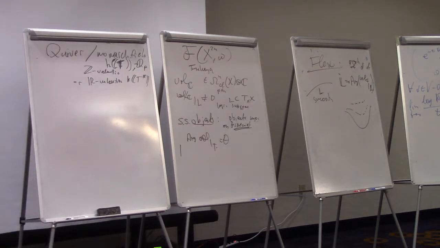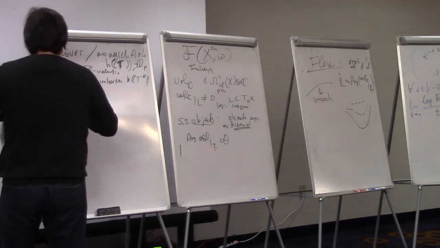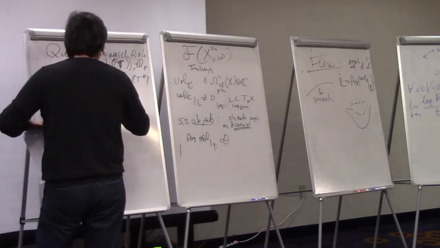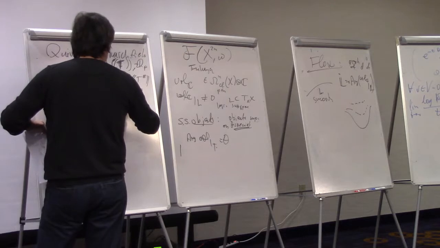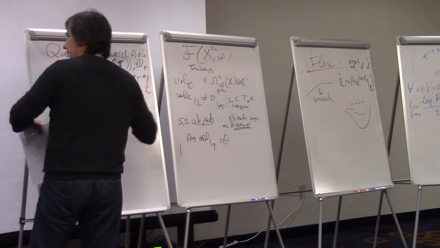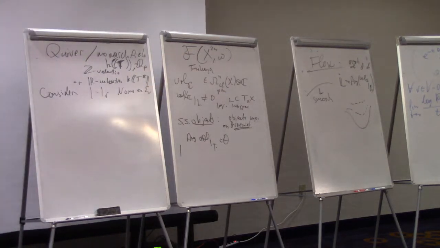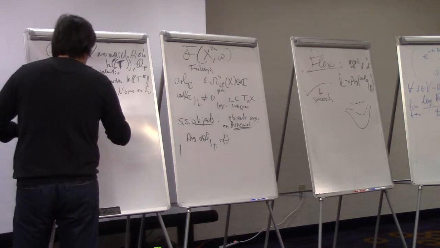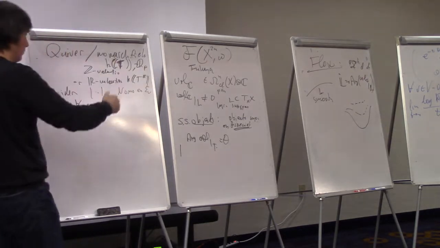Okay, so I have a quiver over a non-Archimedean field, and let's again think about representations of degree 0. So I get a notion of norms, but now consider a collection of norms such that each arrow of my quiver will preserve the unit ball.